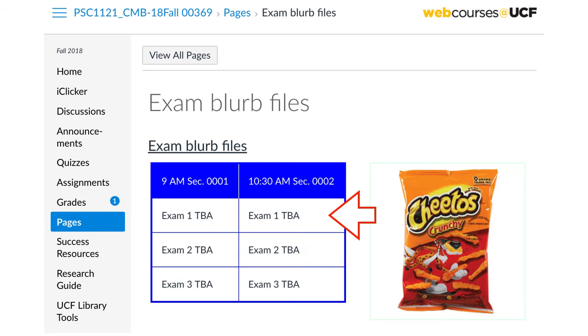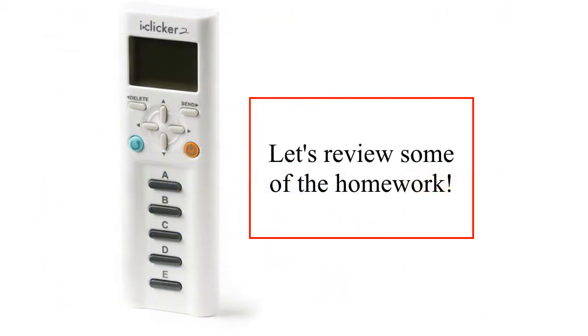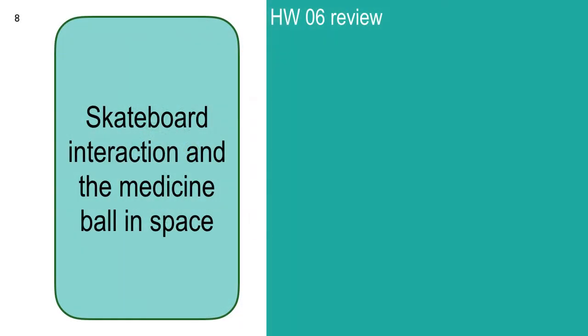All right. I want to review a couple things using iClickers from the homework. And I want you to go ahead and take notes on this. We're going to go through some of the homework items, just in the event that you got tripped up on one of them. I'm going to go through the skateboard interaction calculation. I think there were like 3 questions with Raymond and Gregory.